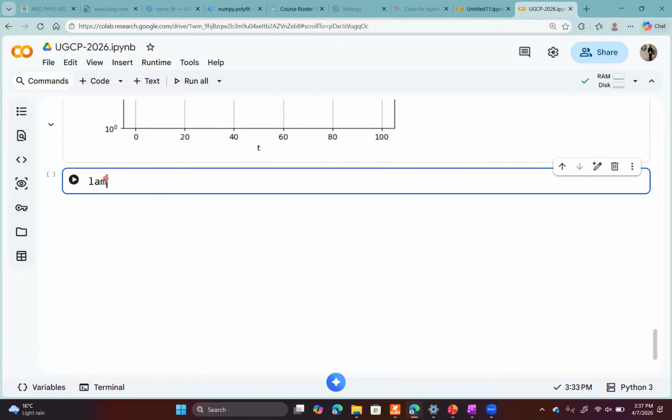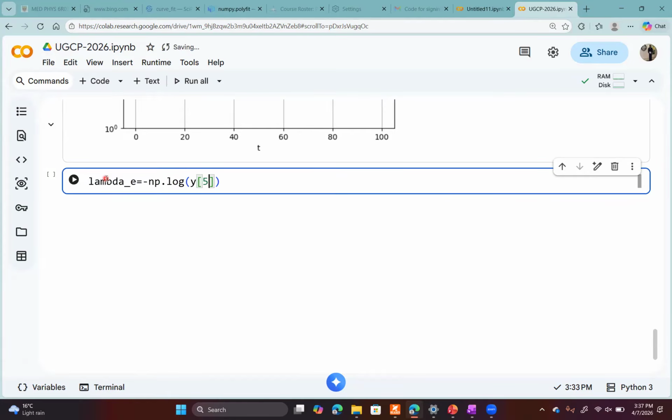So expected value of lambda. I say it is lambda expected. So this can be calculated as negative of numpy log of, so I can take any value.